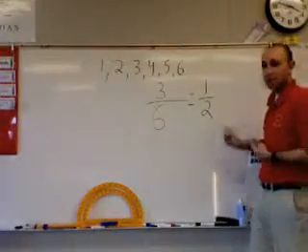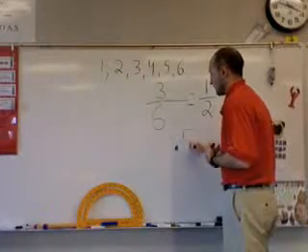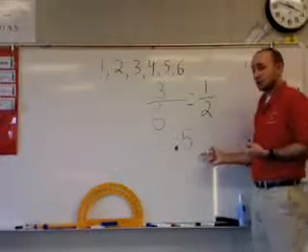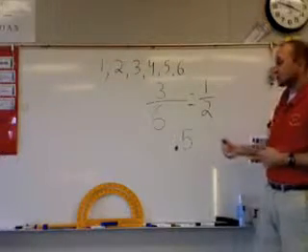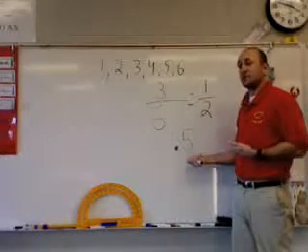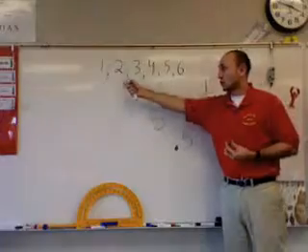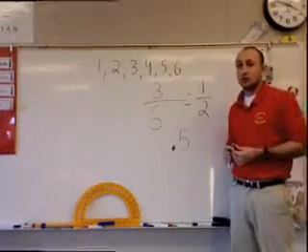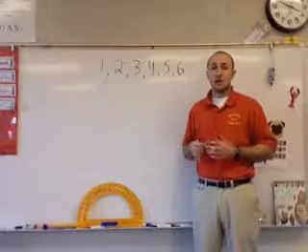We know that 1/2 changes to 0.5 if I want to write it as a decimal, or 50%. So basically, if I'm rolling this number cube or die, I have a 50% chance, 3 in 6 chance of rolling an even number.